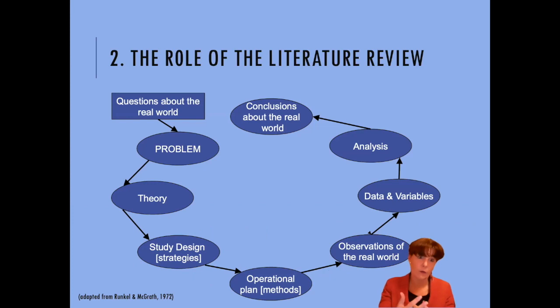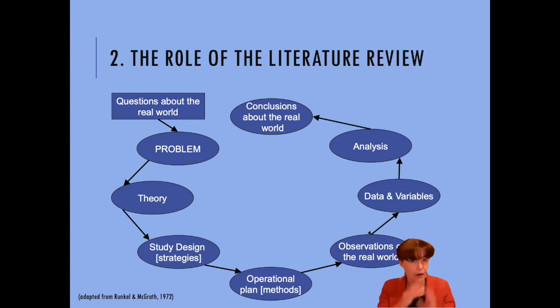So we start out with some questions about what's happening in the real world, and from those we formulate a kind of a problem that we would like to investigate. We then try to find some theories that might explain this problem in preliminary terms, and then design a study to figure out what else might explain this particular problem.